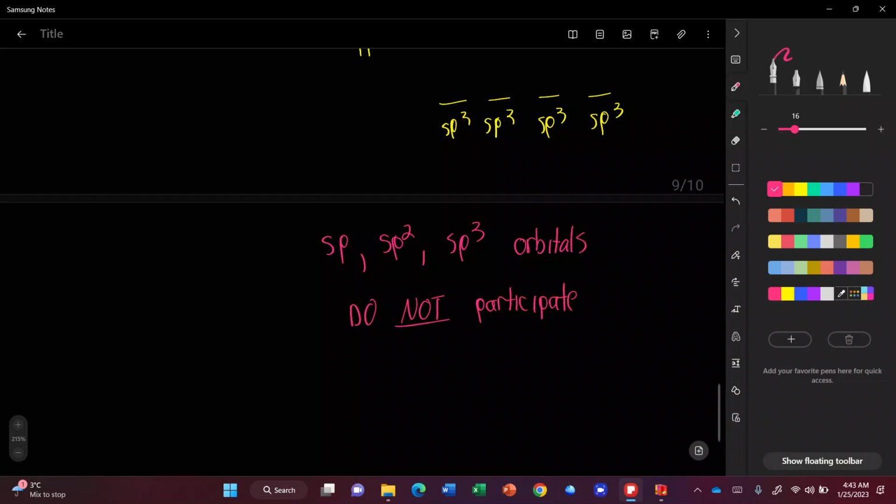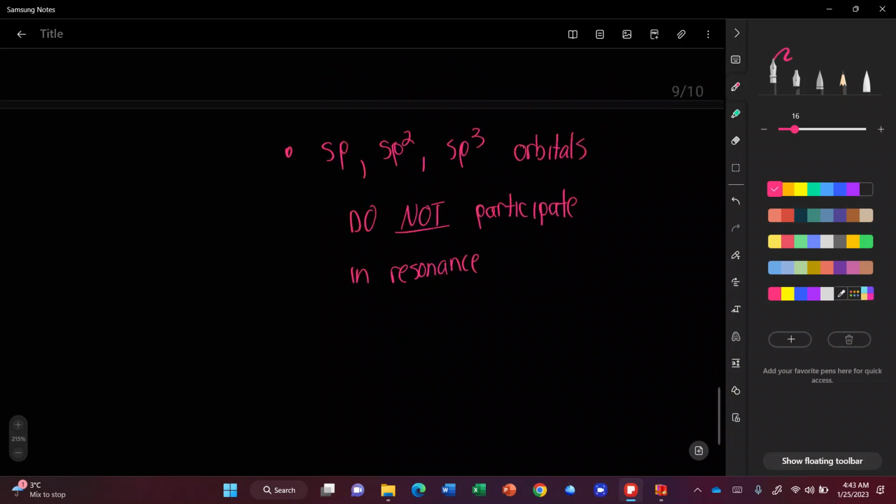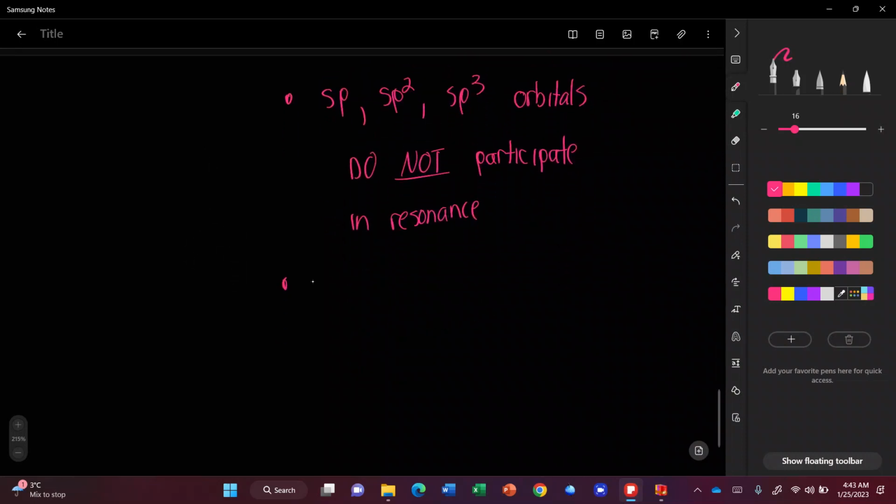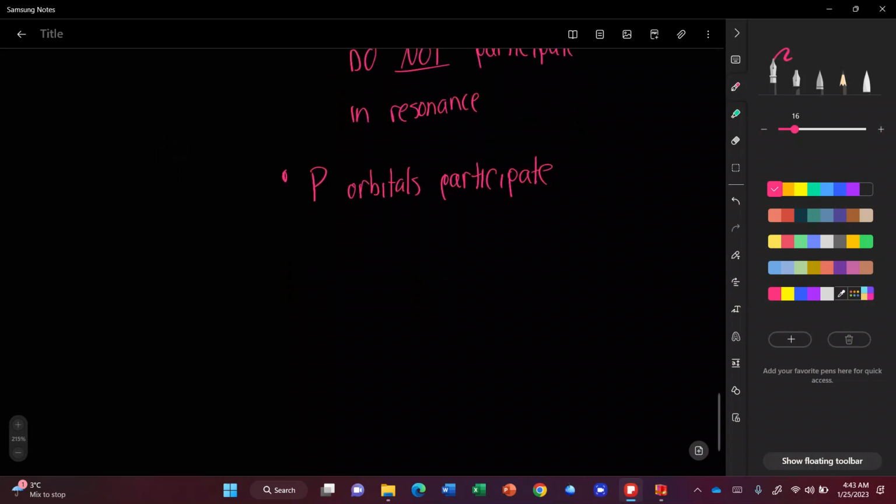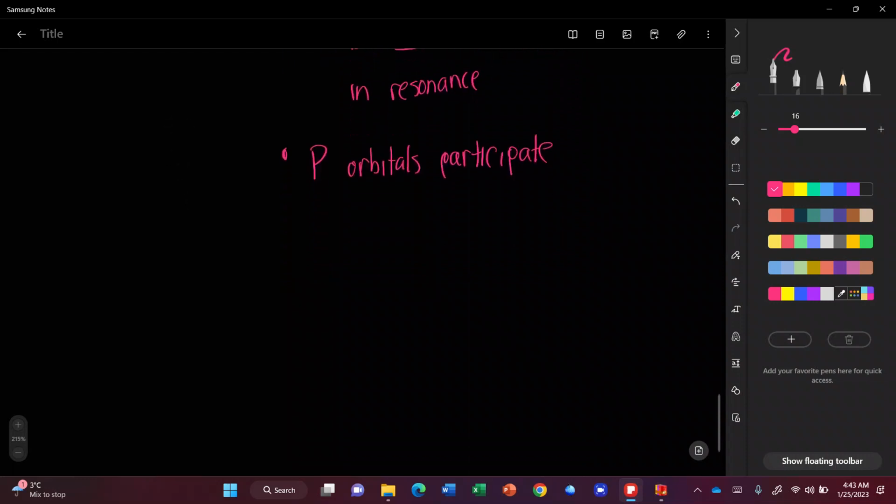The only orbitals that participate in resonance are p orbitals. So p orbitals participate in resonance. And now we're going to be able to get into why certain compounds that have 4 domains break that rule.